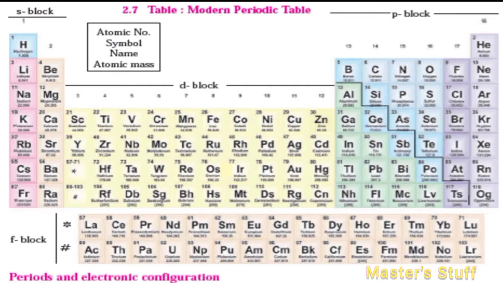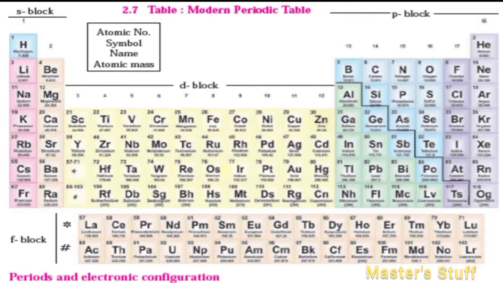The elements in S and P blocks are called normal elements, while the elements in the D block are called transition elements. The elements in the F block are called inner transition elements.